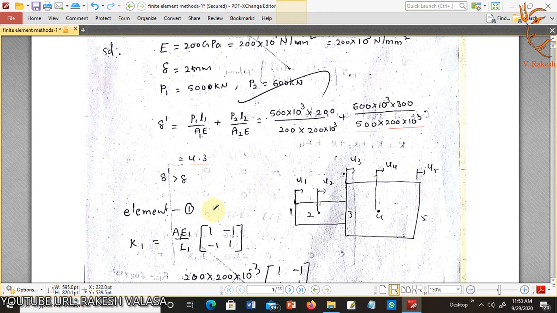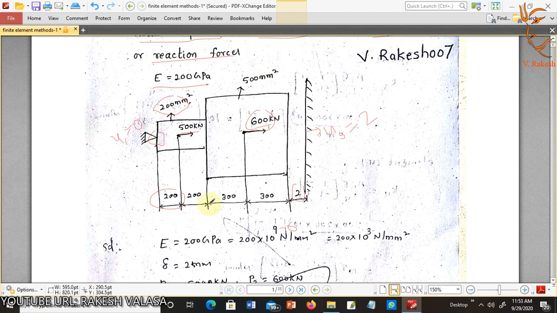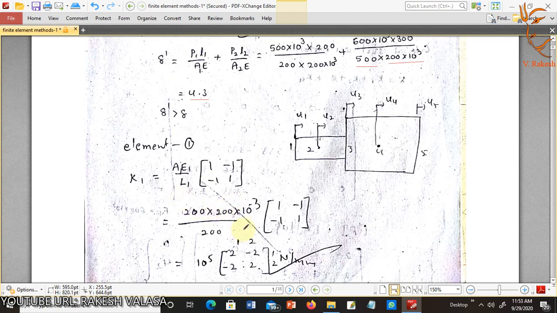First you can calculate the stiffness matrix for the given stepped bar element. The stiffness matrix for bar element is A E by L into 1 minus 1 minus 1 1. You can calculate stiffness matrix for each element. The given problem having 4 elements, so you can calculate stiffness matrix for 4 elements. First for first element, that means A1 E1 by L1 into 1 minus 1 minus 1 1. Now substitute the values.